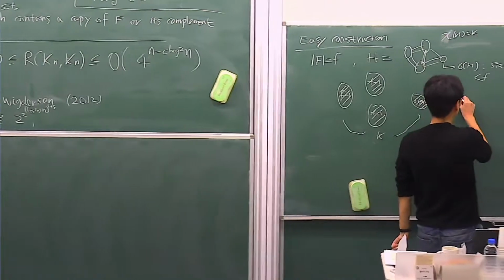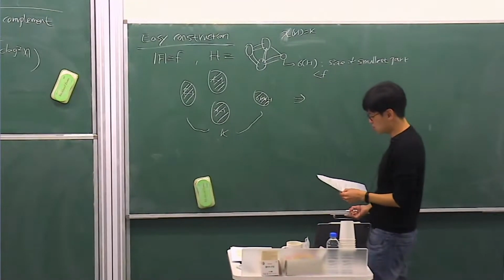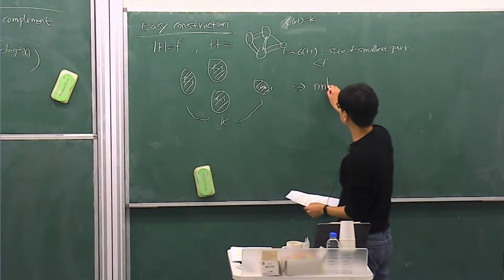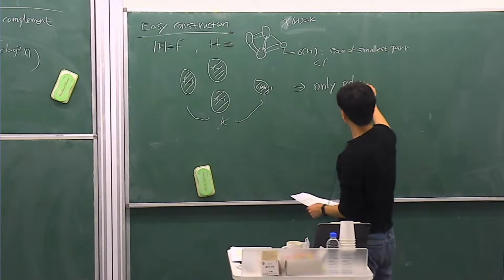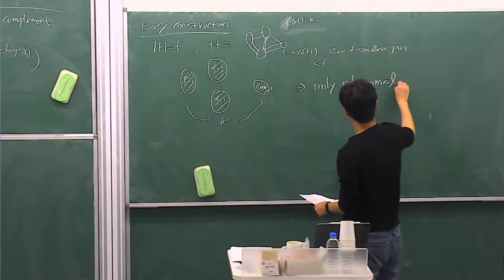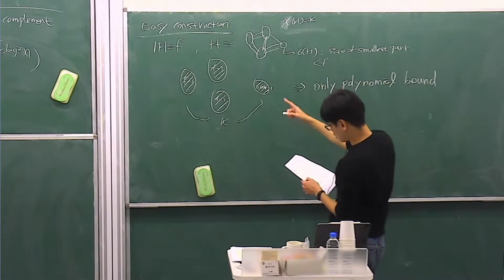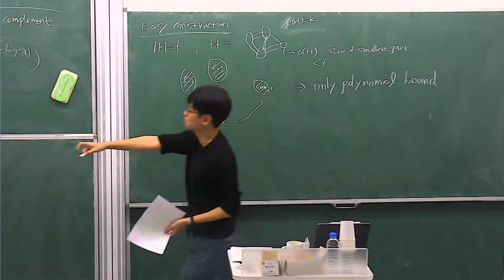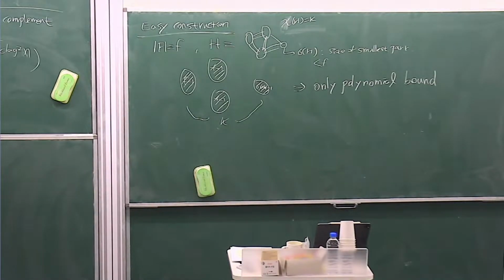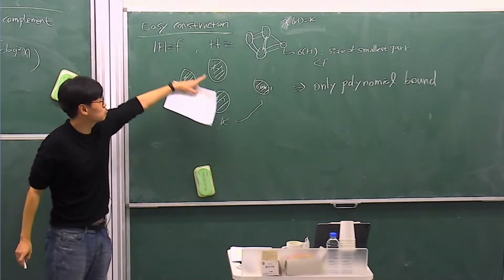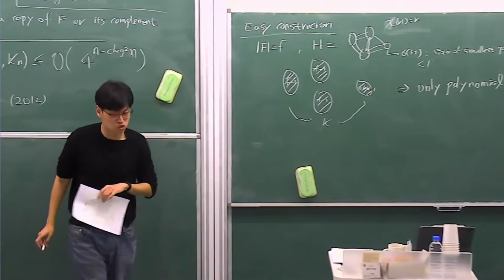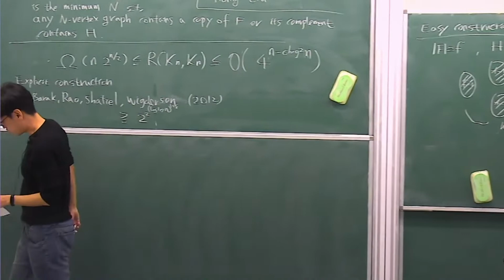But the bound this gives is only a polynomial bound. In this case, if you consider K_n, that gives you just n-1 times n-1, which is only polynomial.